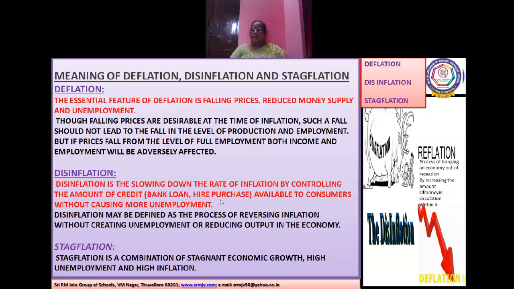Reflation is the process of bringing an economy out of a recession by increasing the amount of money in circulation within it. So I think you are very clear about inflation, deflation, disinflation, stagflation, and reflation.